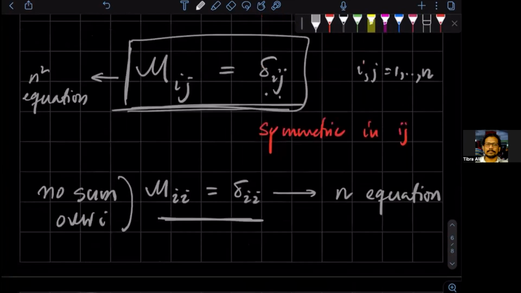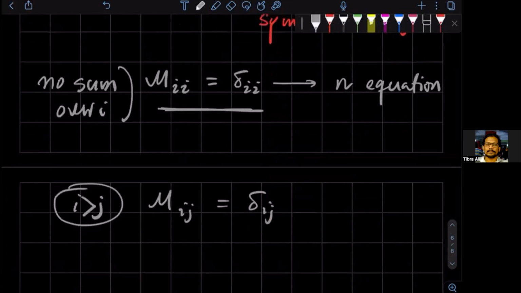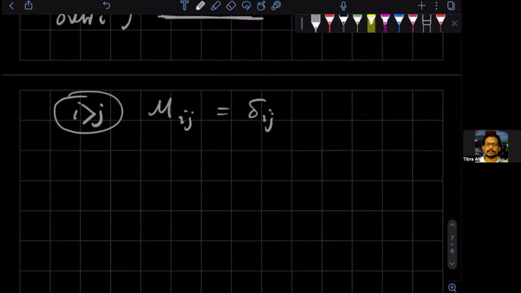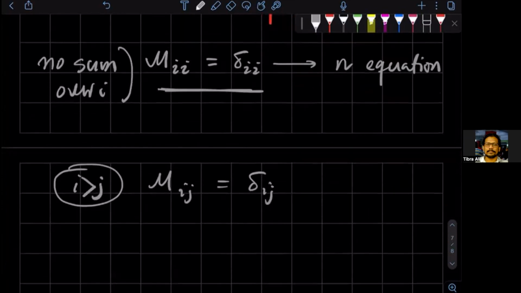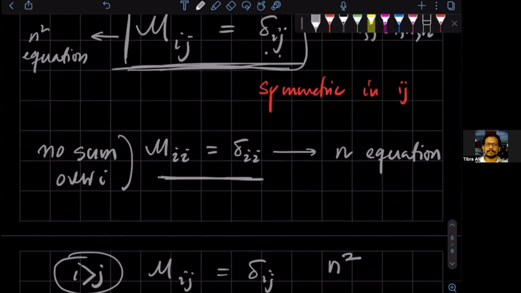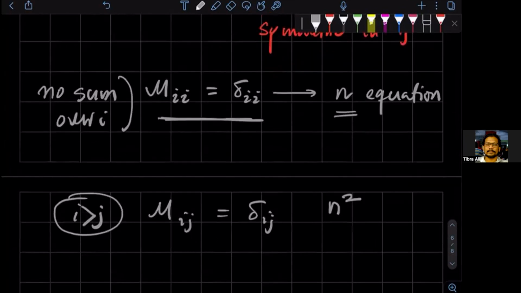You can visualize this as a matrix of equations. So you had in total n squared equations, but of those n squared, n are taken up when the two indices are the same.